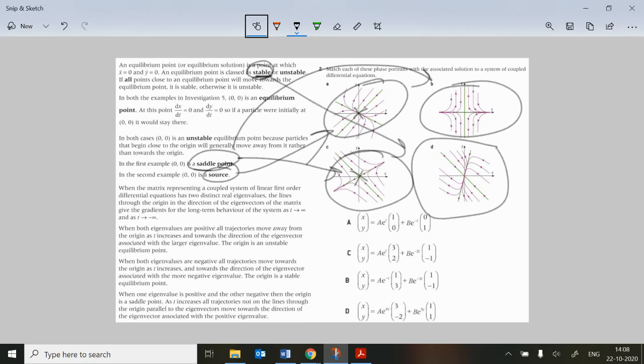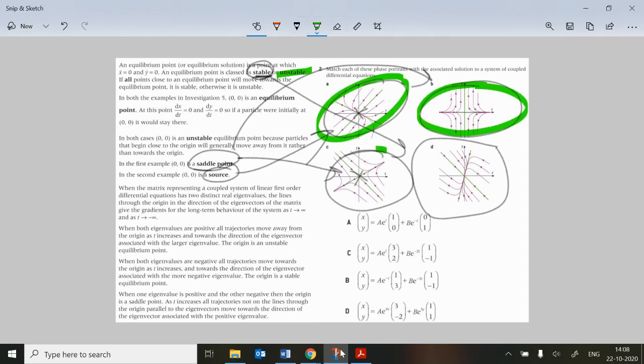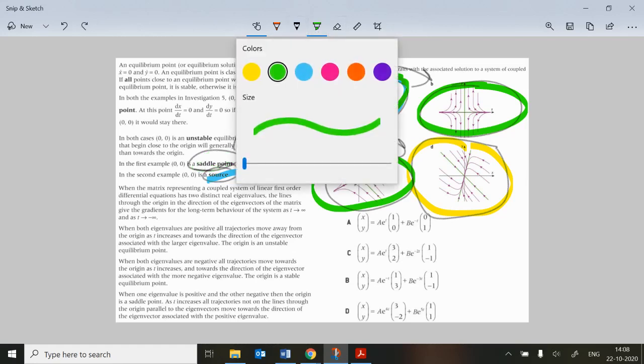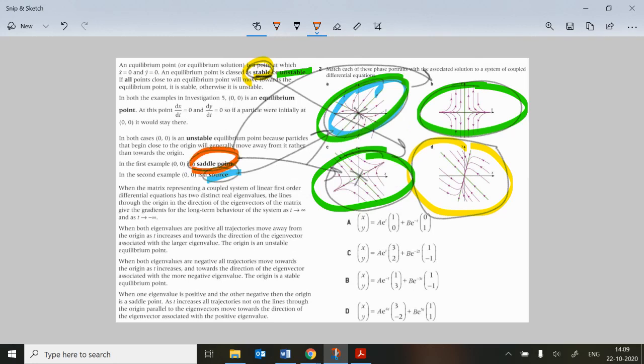Now the other ones, unstable is this one, and this one, but the only stable one in this case is this one here. Now the source is this version, and the saddle point is this one and this one here. Okay, so there we go.